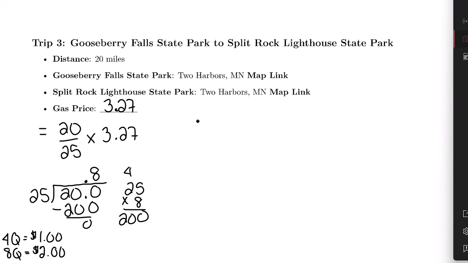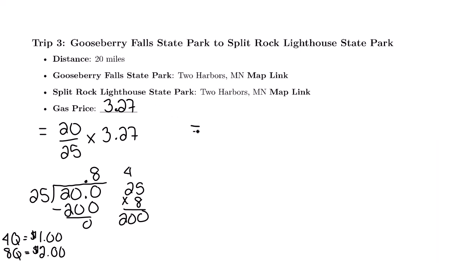Next, what we have to do is we're going to rewrite it. That means we have 0.8. That's 20 divided by 25, 0.8 times 3.27. All right, great. We're going to multiply 3.27, that's the gas per gallon, times 0.8.